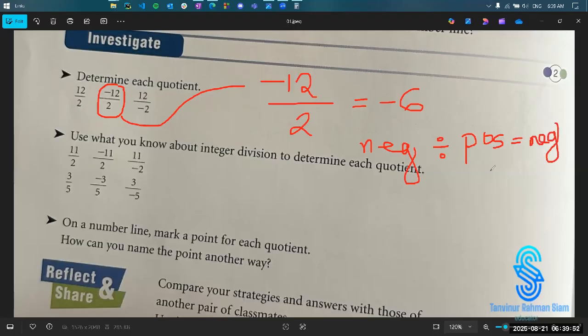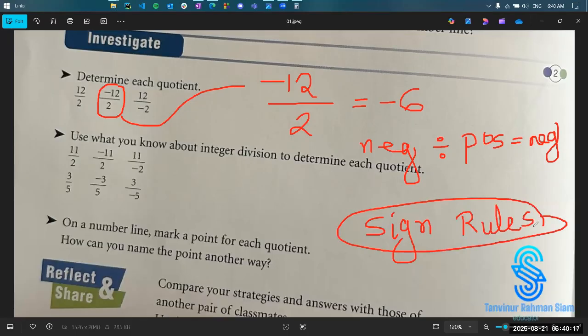So positive divided by positive gives positive, and negative divided by positive gives negative. These are known as sign rules.